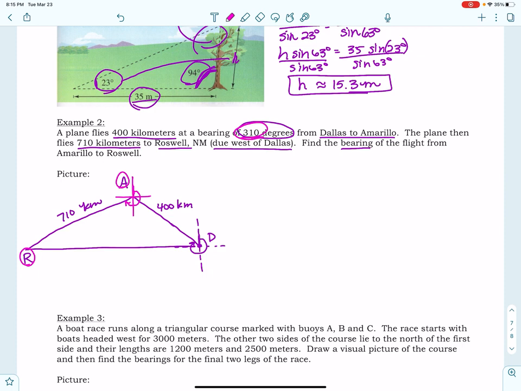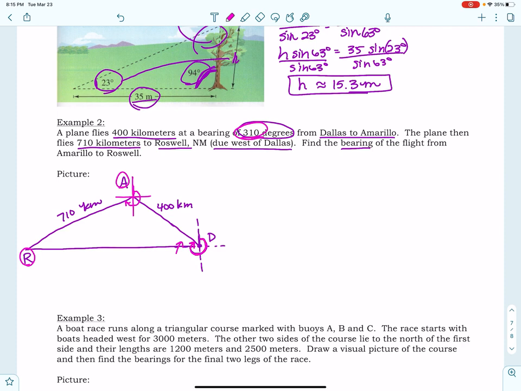Okay, I promise. So the first thing we need to recognize here is that we know this angle right here. Okay, we know what that angle is, because if this is 310 degrees, then we know that 1, 2, 3 quadrants is 270.